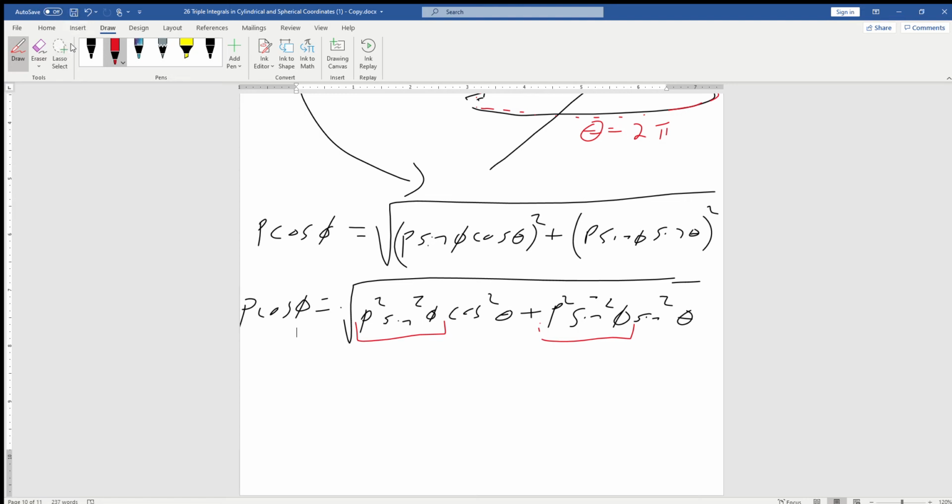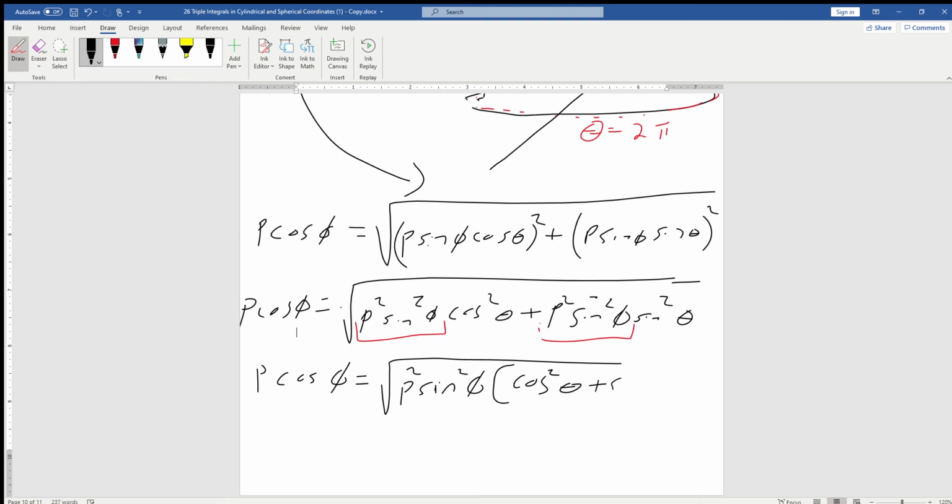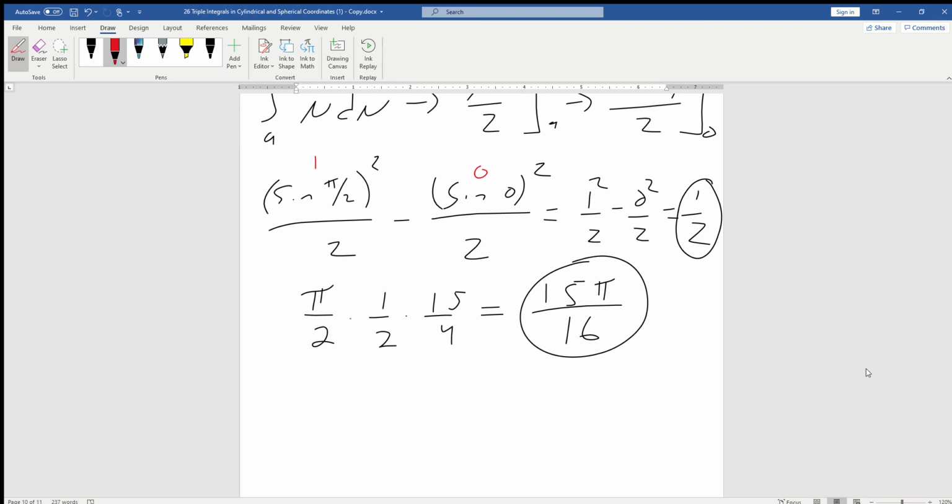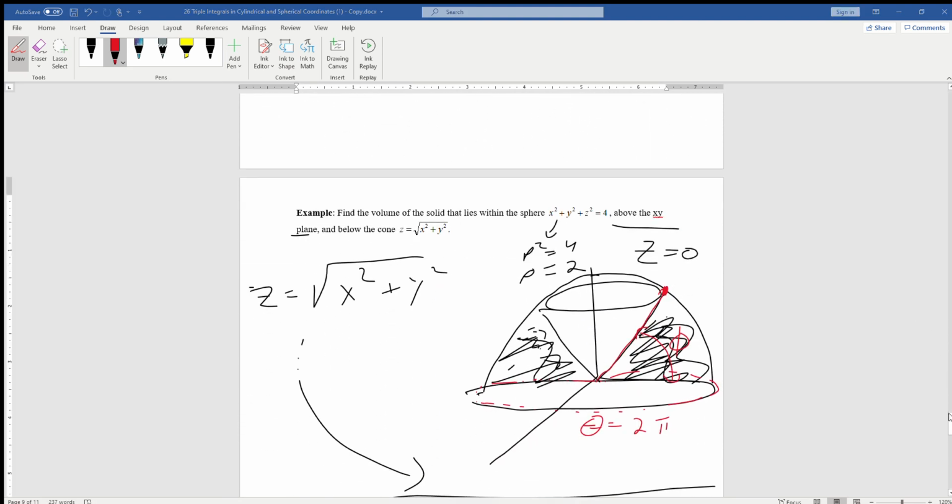And you're probably seeing some of the magic that's going to happen in this case. So we're going to get rho cos phi is equal to the square root of rho squared sine squared phi, and then we're left with cos squared theta plus sine squared theta. And of course we know that's our Pythagorean identity, so sine squared plus cos squared of theta is 1. We're getting pretty close to figuring out what phi might be, that angle. And most of you could probably see just by inspection what it's going to be.